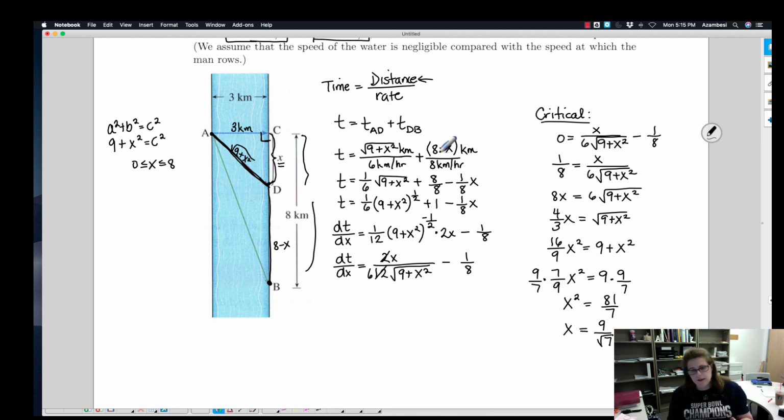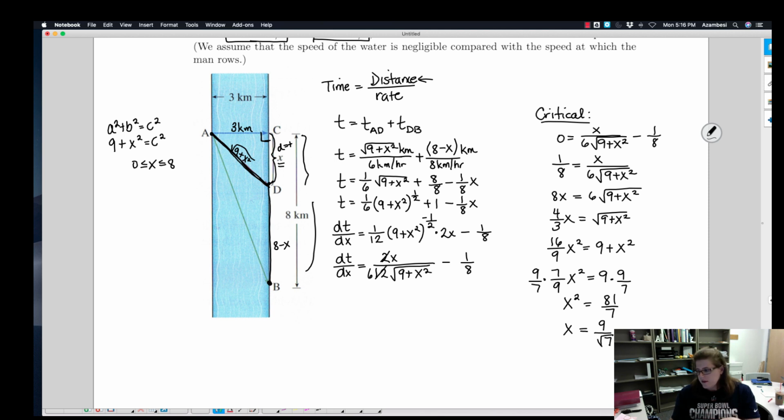Now normally when you take the square root of a variable, you end up with the plus or minus case, but we're talking about a distance. So this is a distance, which means that we can only have a positive value, and this person, in order to minimize the time it takes to get there, would need to travel this distance down the bank.